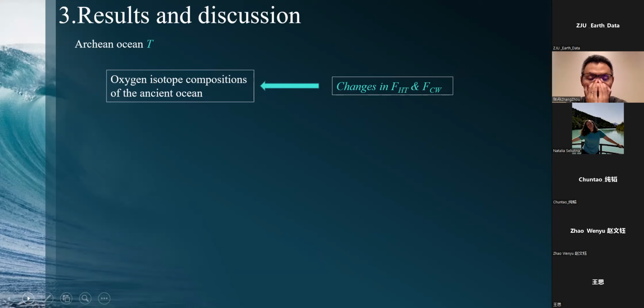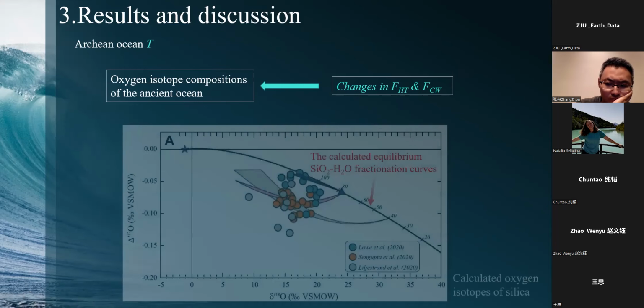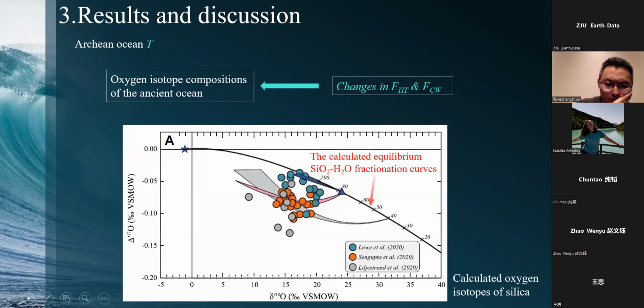Based on this, as we discussed above, the oxygen fractionation between silica and water is temperature dependent. So if you have the oxygen isotope composition of the ocean, you can calculate the oxygen isotope composition of silica in equilibrium with seawater at a certain temperature. So we can see this curve.